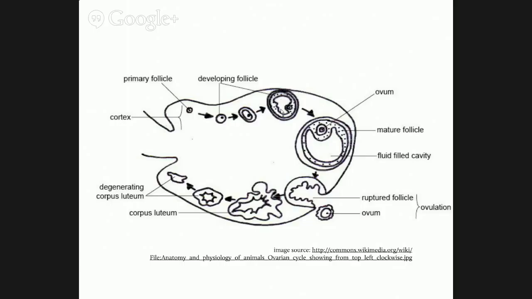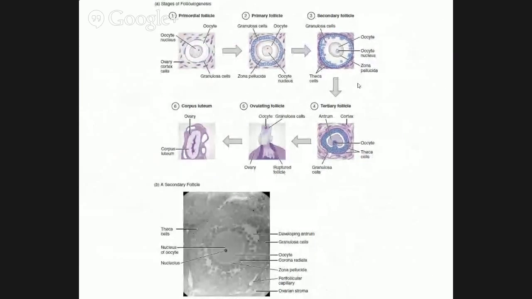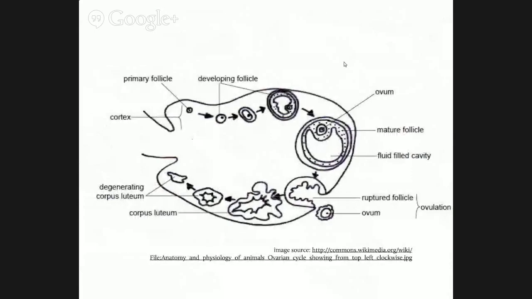When I was showing you the picture of the secondary follicle from the book last time, this one up here, I mentioned that this is a somewhat misleading picture because it makes it look like the oocyte's just floating in the middle by itself, but actually it's attached to the side. And so this picture depicts that sort of thing, that the oocyte is within this little mass of granulosa cells off to the side, not floating in the middle.